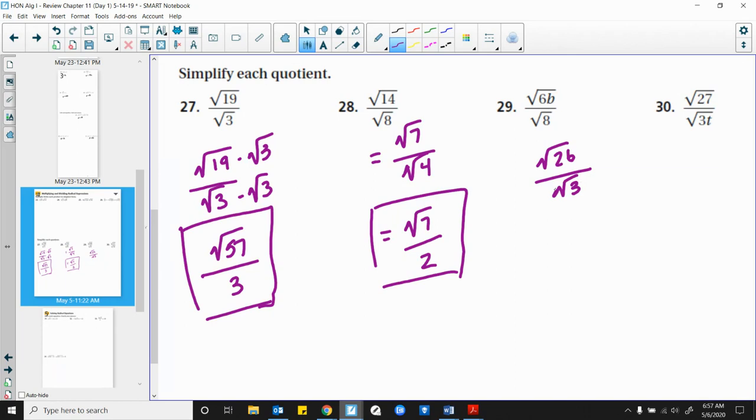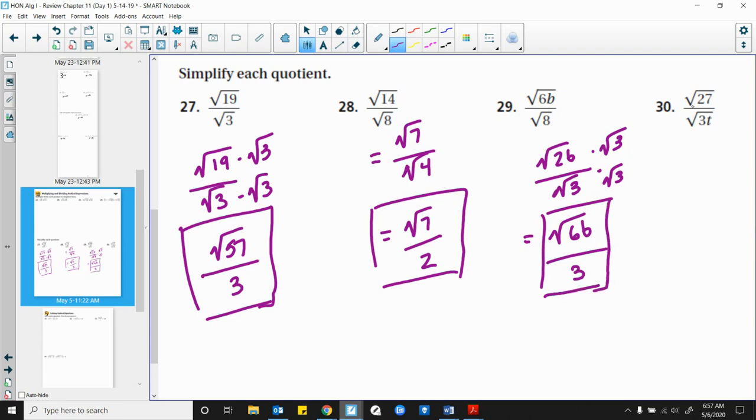I can't reduce these radicals at all, so now I can rationalize by doing radical 3 times radical 3. This is going to get me on the top here radical 6b. And the bottom is going to be 3. Okay.